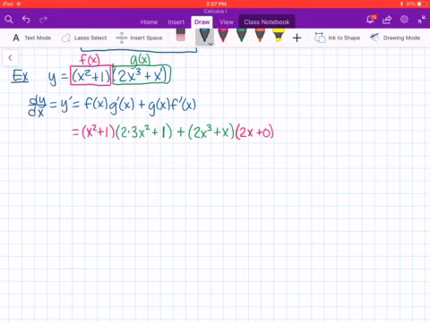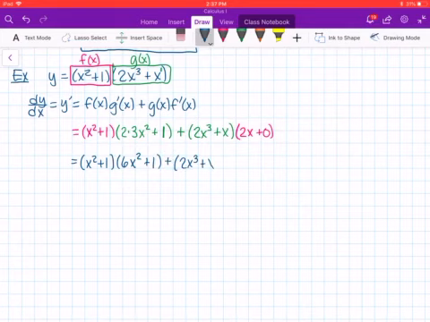Okay, now we're ready. We just have to expand this. So let's write it. Let's do some cleanup here. X squared plus 1. We got 6 times x squared plus 1 plus 2x cubed plus x times 2x.